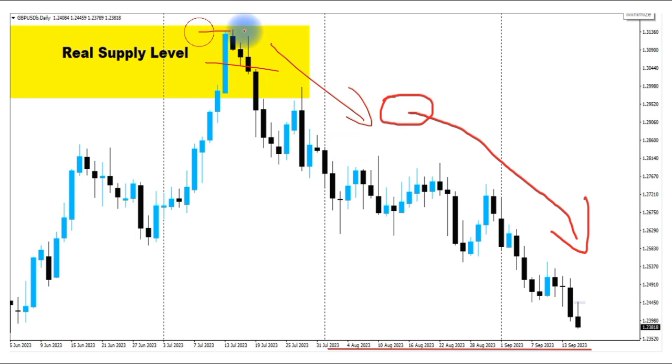Price for the pound also came into some real supply level, and from that point on it began to drop. So this is exactly how I get to understand the bigger picture of the market, and it helps me to frame powerful setups for swing trading, and also understand what I should be doing when I'm looking to day trade.